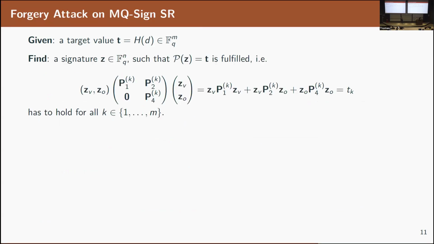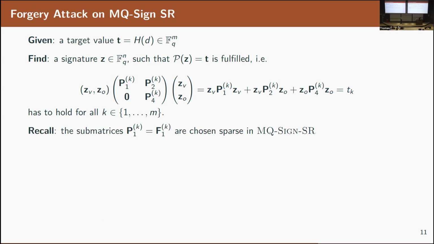And we directly try to find a preimage under P. So we would have to solve these M equations. K, again, ranges from 1 to M, so we have M equations, but these are quadratic equations, and they are hard to solve. But what we observe is that this part is sparse.